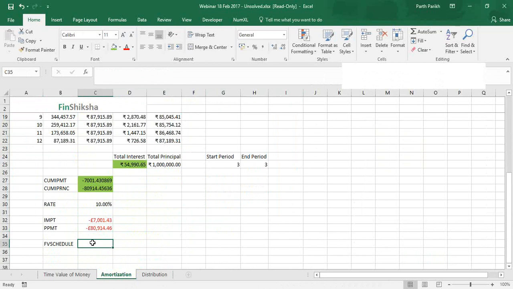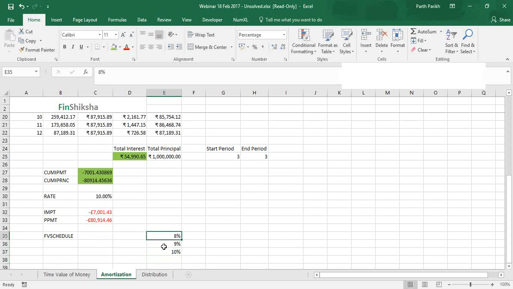Now there is an interesting thing, which is FV schedule. FV schedule basically says that if there are multiple interest rates, it takes the principal amount and the schedule of my principal growing or depleting. Let's say I have 3 rates, which are 8%, 9%, and 10% over a period of 3 years.